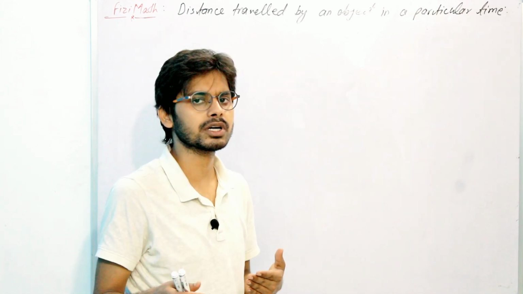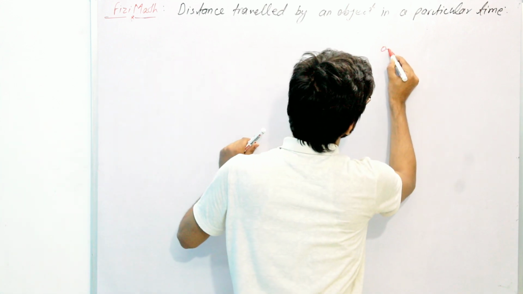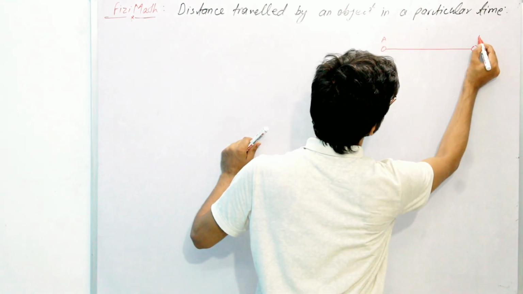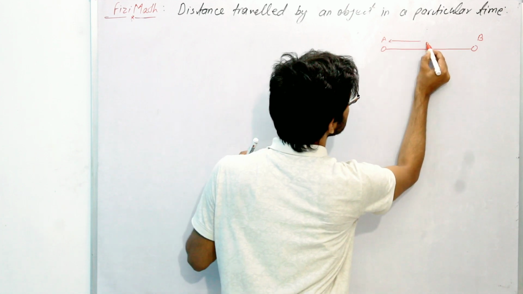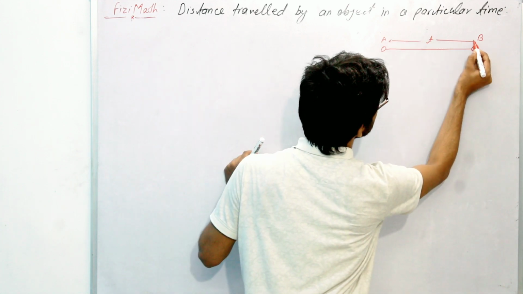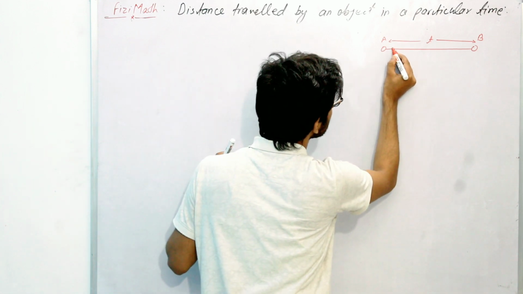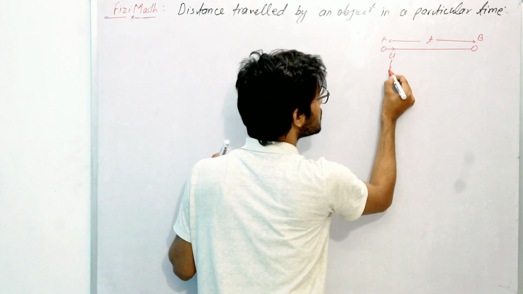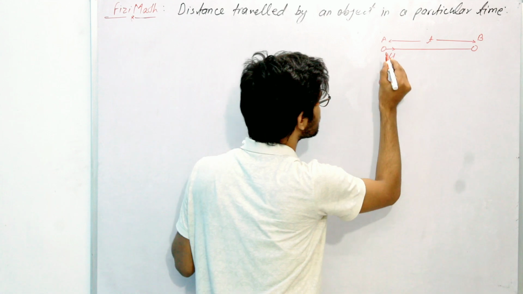So what does particular time mean? Here we can say an object starts moving from a point and reaches point B in a time period t. Suppose an object starts moving with initial velocity u, and due to this it has an acceleration a.